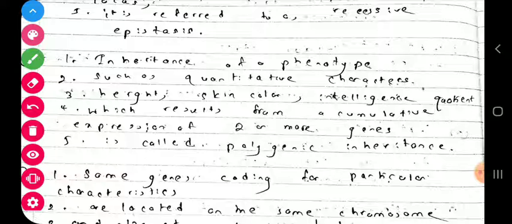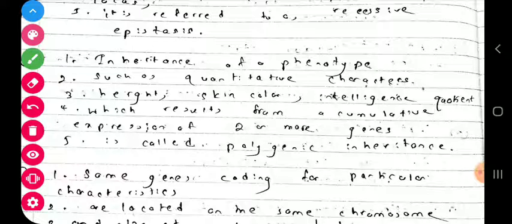Now each gene, capital A, capital B, or capital C, has a dark skin allele, which contributes 1 unit of darkness to the phenotype and is incompletely dominant to the other allele. So remember the word incompletely dominant. It's not perfectly dominant. It is incompletely dominant to the other allele, that is small a, small b, or small c.